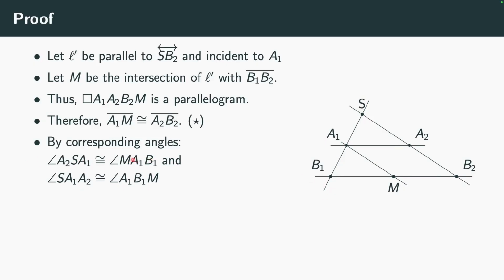That gives me my first identity on these angles. Then the second identity: angle SA1A2 is congruent to angle A1B1M. There I'm thinking of my two horizontal lines, A1A2 and B1B2, as my two parallel lines, and this line SB1 is the transversal.